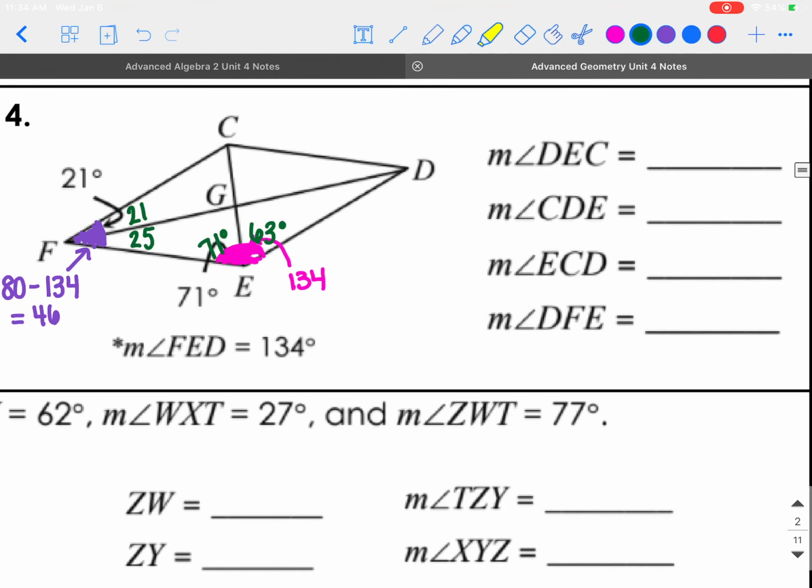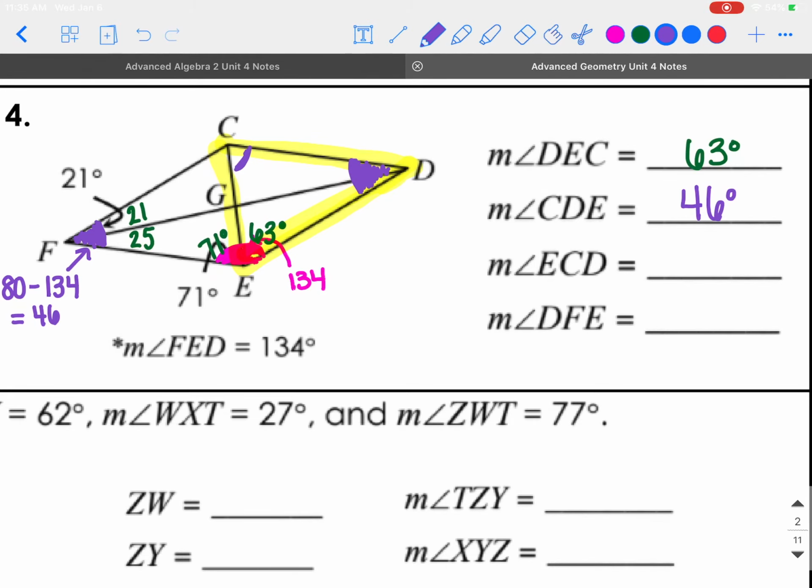All right. Angle DEC, we said, was 63 degrees. Angle CDE. All right, well, that one, let's see, that's this angle right here. It's also going to be 46. ECD, that's right here.